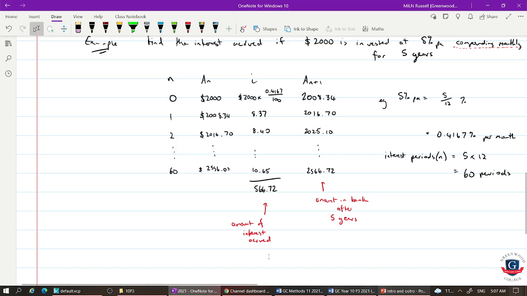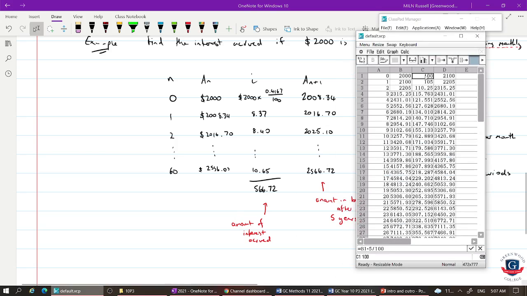Now, how can we do that on our calculator? Let's have a quick look. We would have to change the amount of interest we earn each month. So we can do that here by dividing that number by 12. We can fill that down.